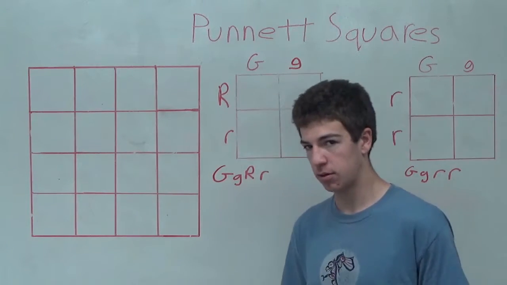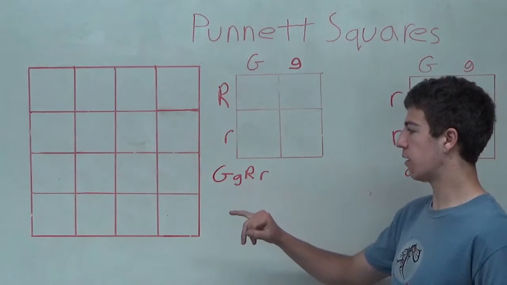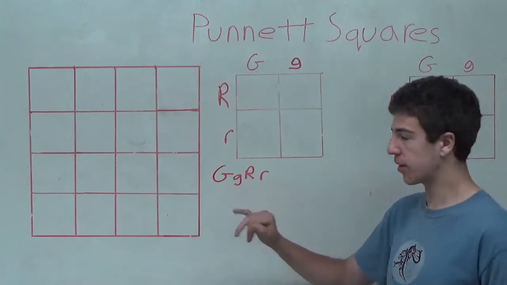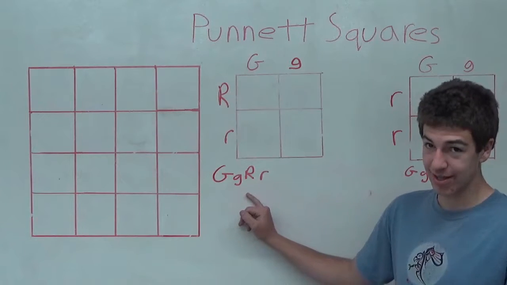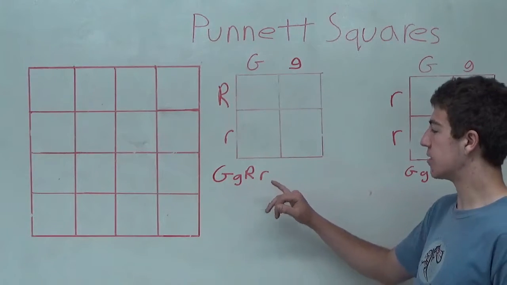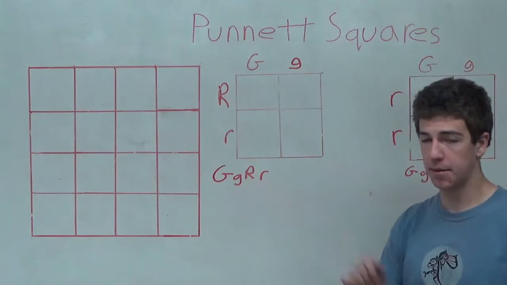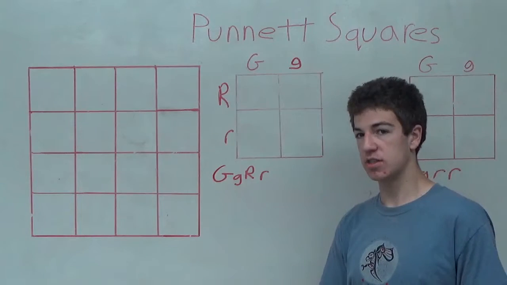And in this example, we're going to be using the alleles for parent 1 of a dominant uppercase G, a recessive lowercase g, a dominant uppercase R, and a lowercase recessive r. The G's will represent the color. Dominant is green, recessive is yellow.